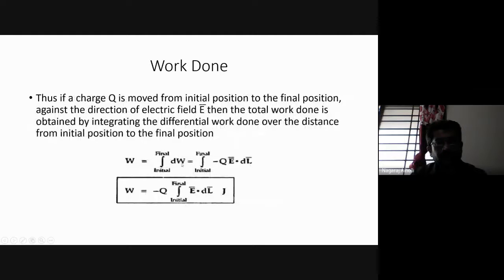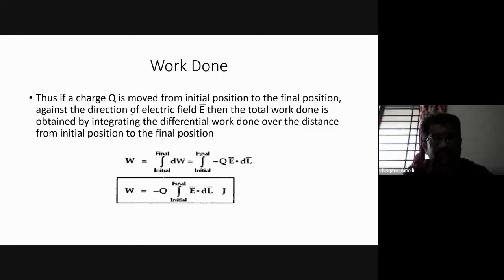Okay. Next. Now I will move this charge Q from the initial position to the final position. If I want the total work done, then I have to integrate the small amounts of differential work done. That will give me the total work done from the initial point to the final point.